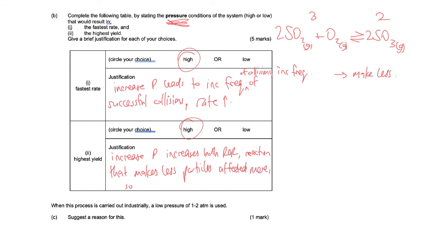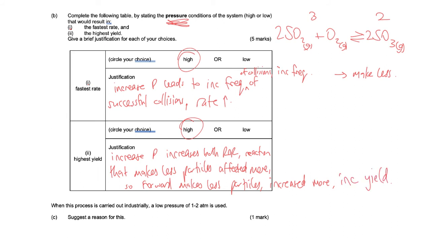So the forward reaction makes fewer particles, so it is increased more. It increases the rate of reaction and increases the yield.